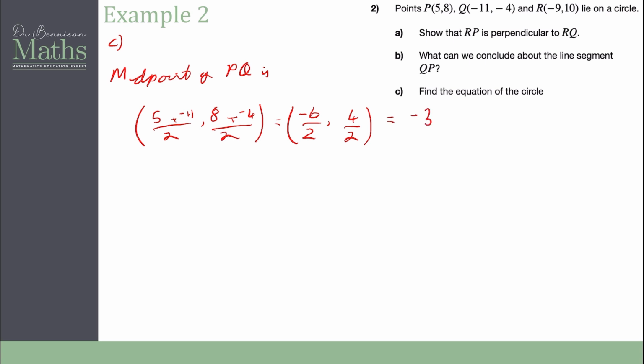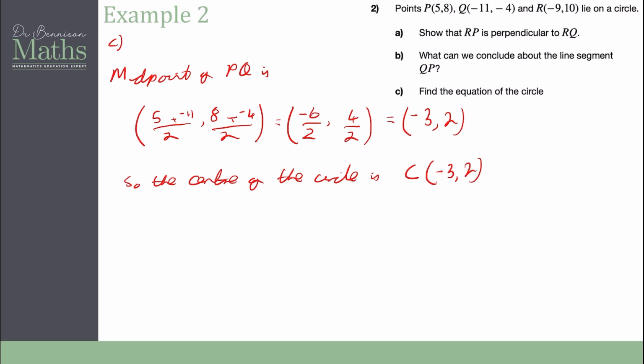So -3, 2. So the centre of the circle is -3, 2. So I'm going to call it C.